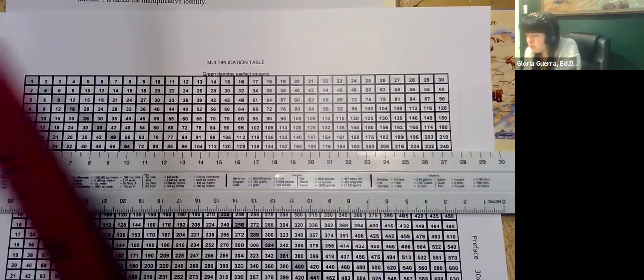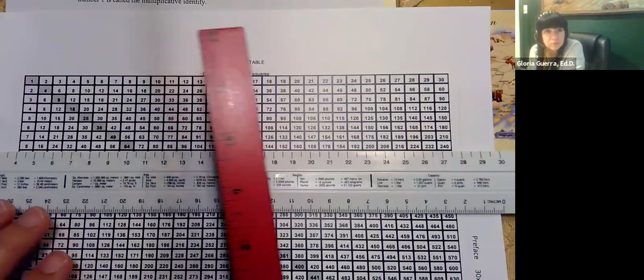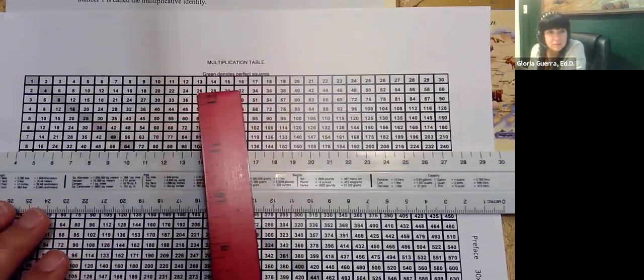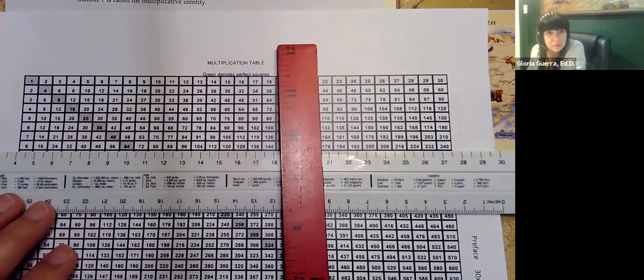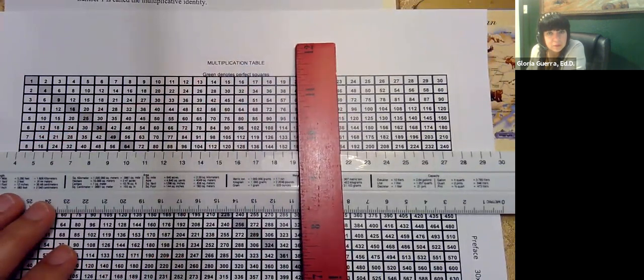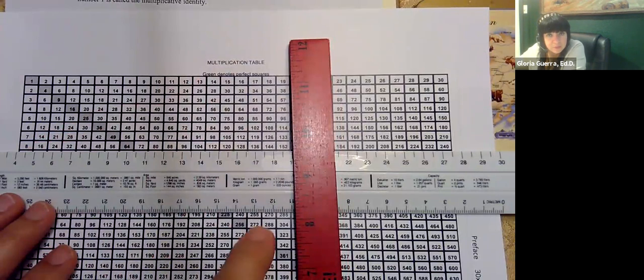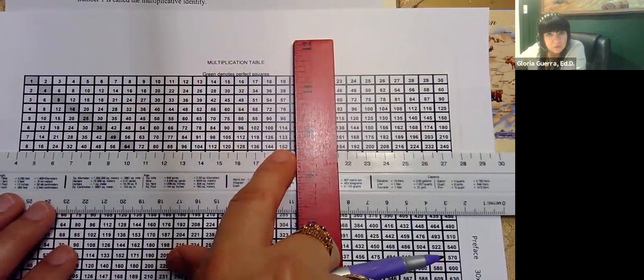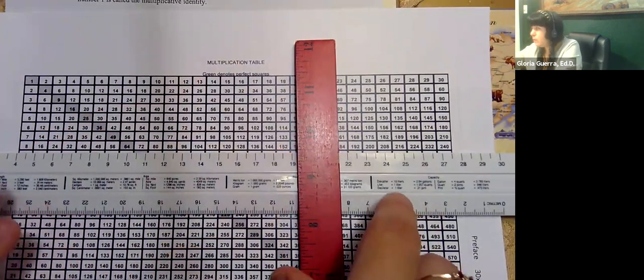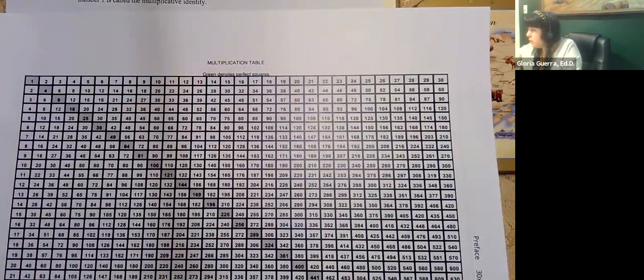So I'm used to using rulers for those tables. If I do 8 times 19, it's right here. And you see, it says right there that it's 152.